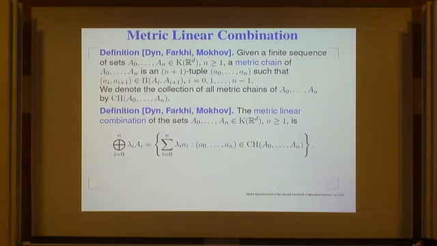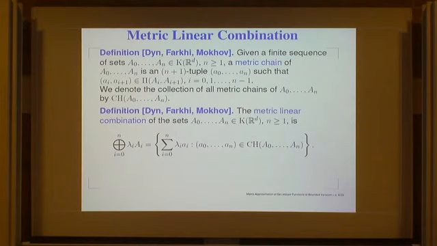If I have a collection of sets, A0, A1, and so on, AN, a metric chain is a sequence of points, one point from each set, such that each neighboring points are metric pairs. We call each such sequence a metric chain, and in the metric linear combination we consider only points from metric chains.